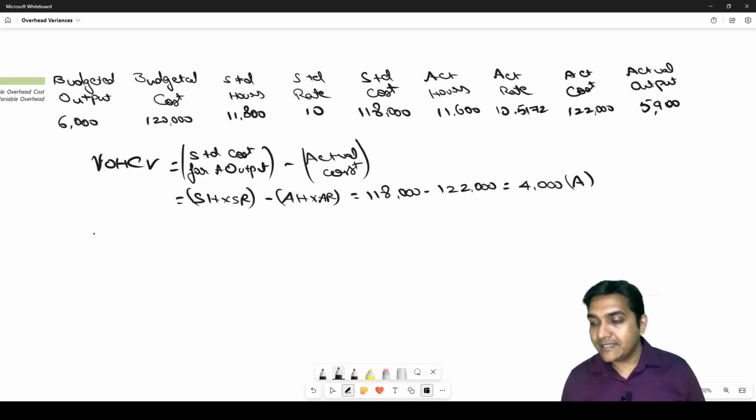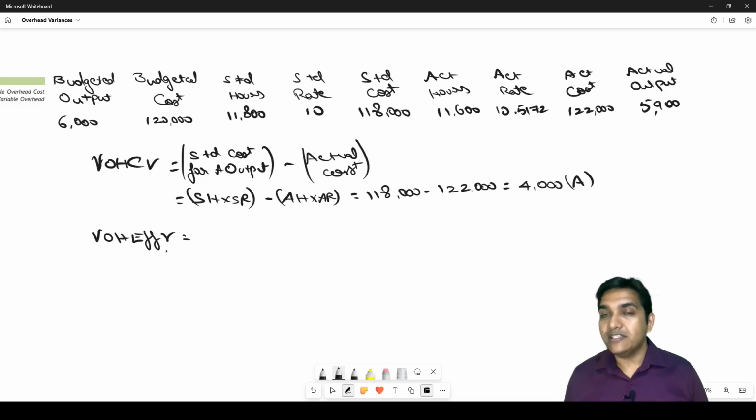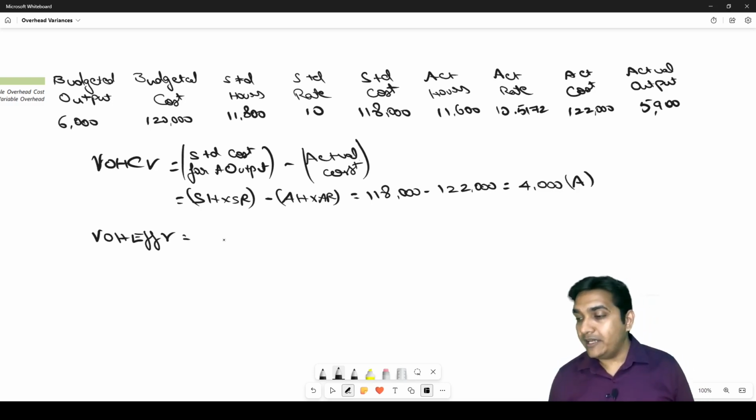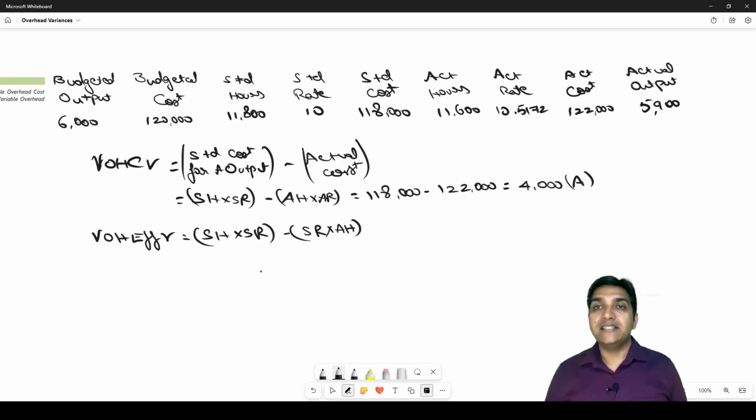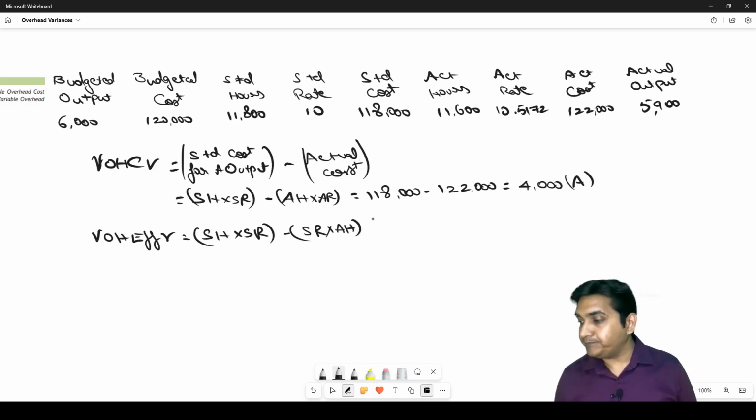Moving on, next is variable overhead efficiency variance. The formula is standard hours into standard rate minus standard rate into actual hours.